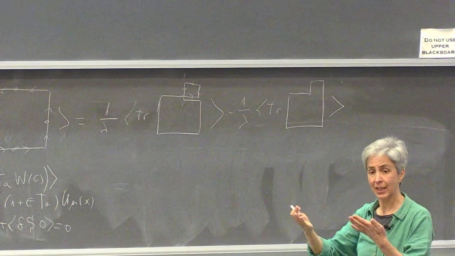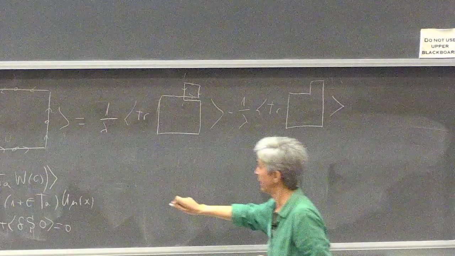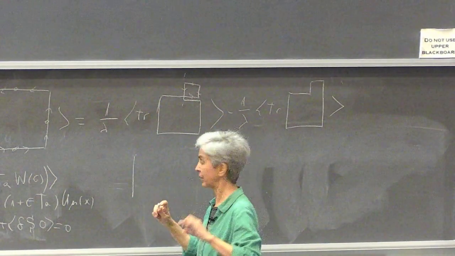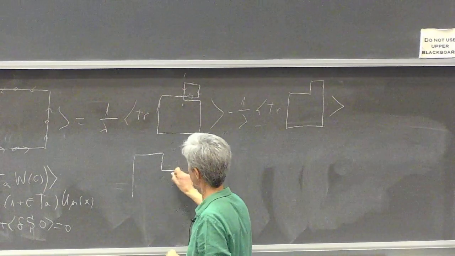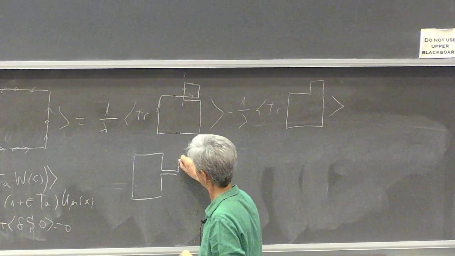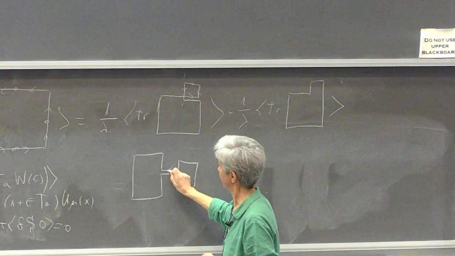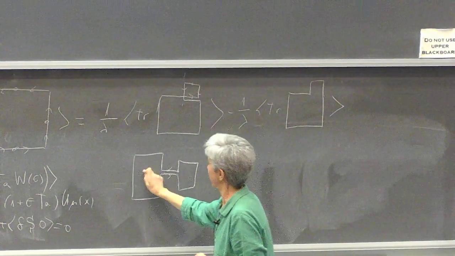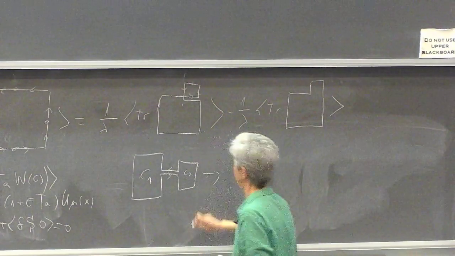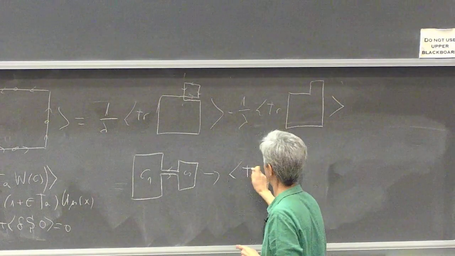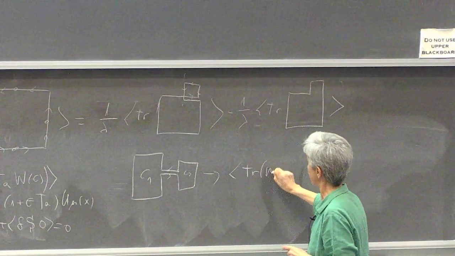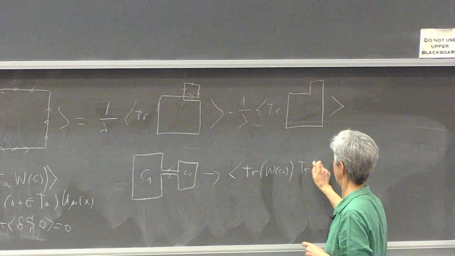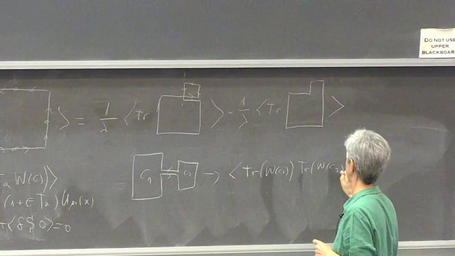Now, there is a special case where this is not so simple, when you have loops in which one link is repeated more than one time. If I have a loop of this sort, where this link is repeated twice, let me call this C1 and this C2, this will generate a term that goes like the trace of the Wilson loop at C1 times the trace of the Wilson loop at C2.